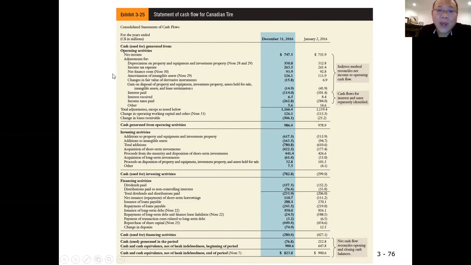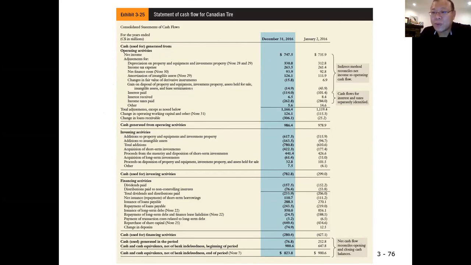Okay. When you use the direct method to prepare this portion, that'll be quite different. The indirect method relies on net income. That's how it starts. So the direct method does not rely on net income. Under both methods, the preparation for the investing activities and the financing activities is the same.